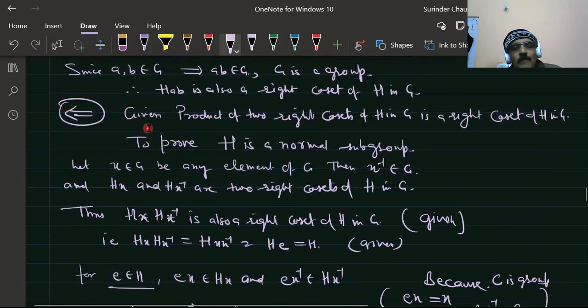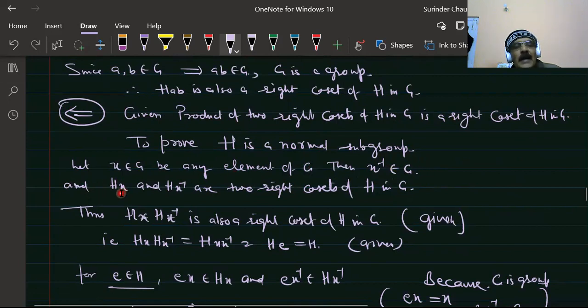Now the sufficient part. Given that the product of two right cosets of H in G is a right coset of H, what are we to prove? We have to prove that H is a normal subgroup. Let x belong to G be any element of G, then its inverse also belongs to G because G is a group.